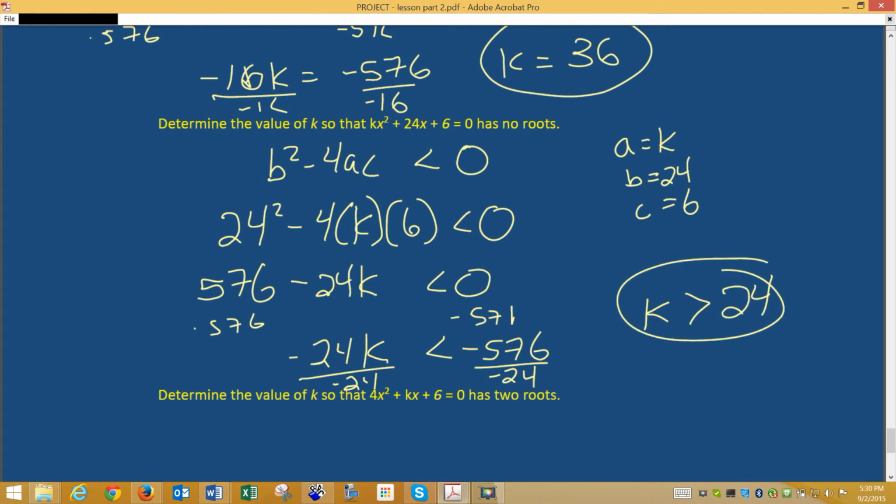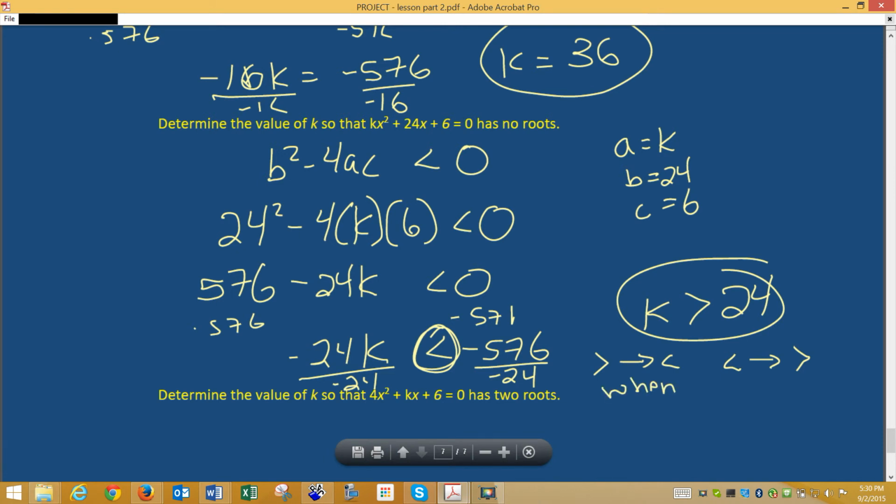Now notice, I hope you noticed, that this inequality flipped over. So it changed sides. And that happens when you divide or multiply by a negative. In case you forgot.